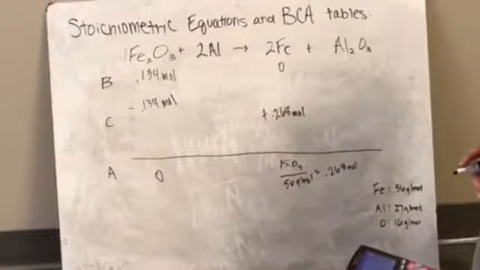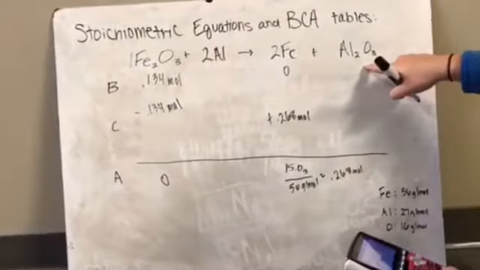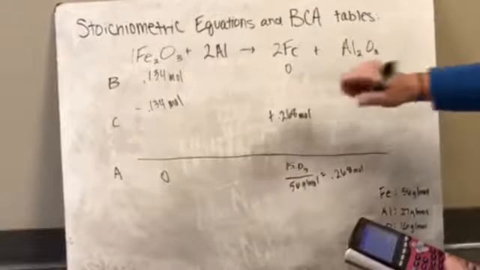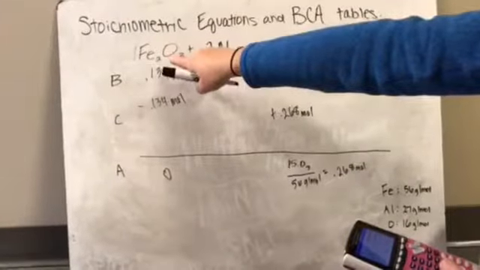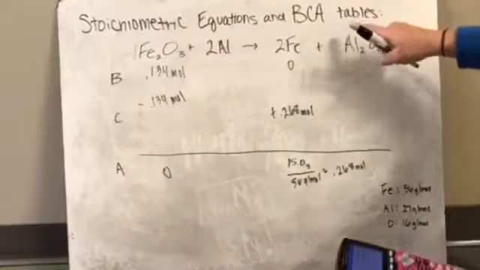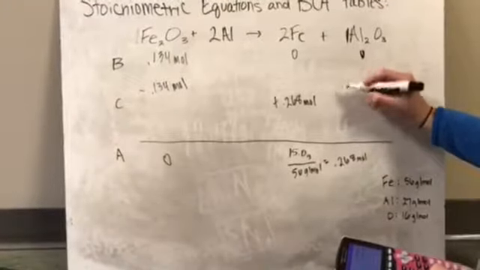So then, to find out the maximum mass of the aluminum oxide that will be produced, we take this amount of moles that we started with, divide by this coefficient, which is 1, bring it over here, multiply by this coefficient, which is 1, and add that many moles.